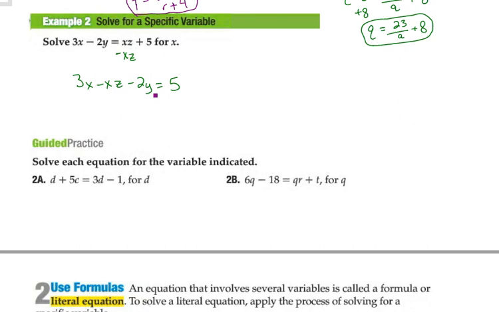So again, I don't care that there's a variable on there. I have to add him to the other side to get him away from the x. So I'm going to add 2y to both sides. I have 3x minus xz equals 5 plus 2y. Okay, I'm getting closer.